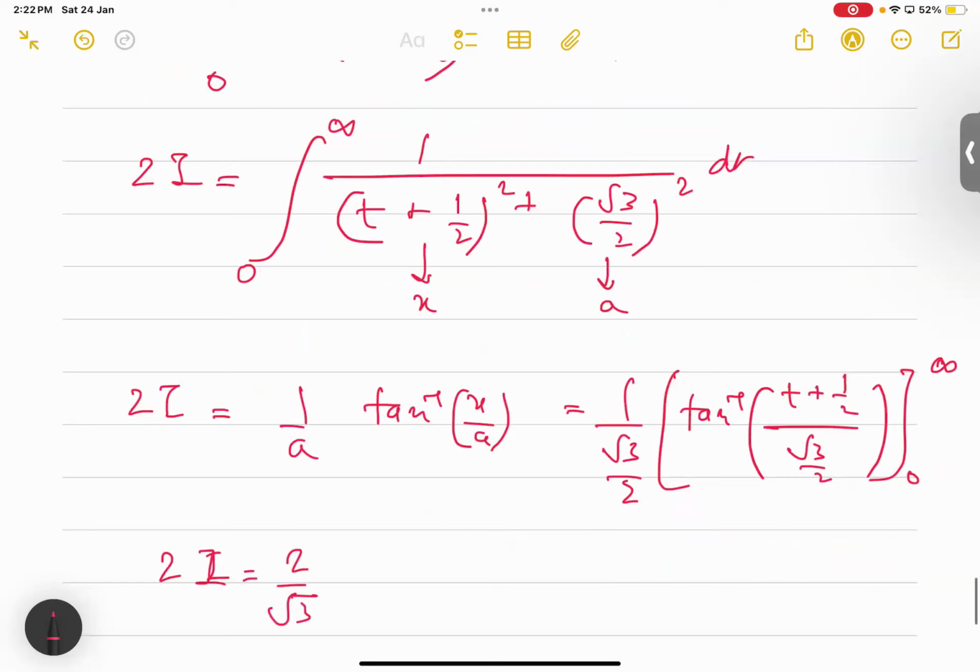Two by root 3. Tan inverse of 2t plus 1 by root 3. Okay, yes or no?